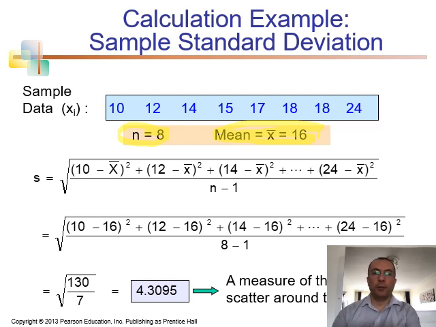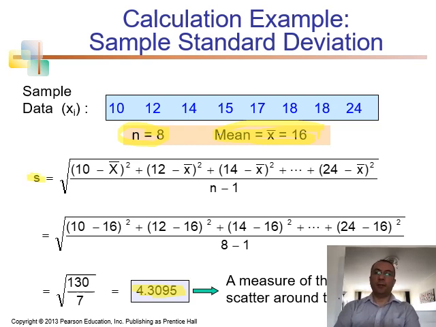So for each observation, 10 minus 16 square, 12 minus 16 square, 14 minus 16 square, and you keep doing that for each observation. And this is sample, so divide by n minus 1, 8 minus 1. That's 130 over 7. That will be your variance. And if you take the square root, that will give you 4.305. That is your standard deviation.